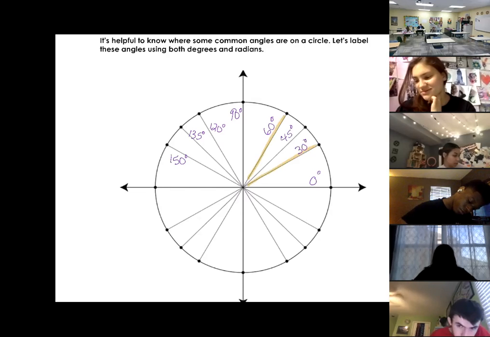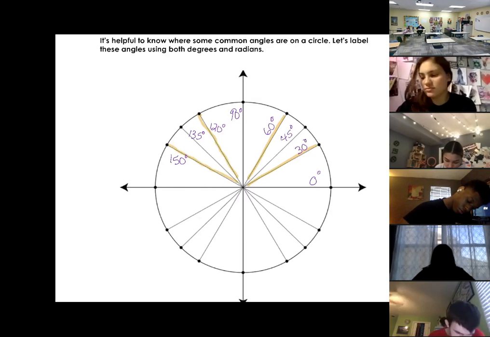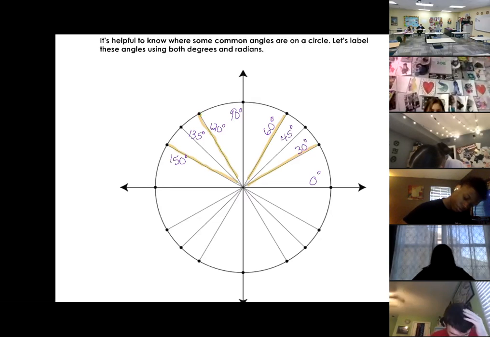Those two lines divide that quadrant into thirds, okay? So 30, 60, 90. And then these two lines divide that quadrant into thirds. So it's every 30 degrees. So we go from 90 plus 30 is 120, plus 30 is 150, plus 30 would be 180.